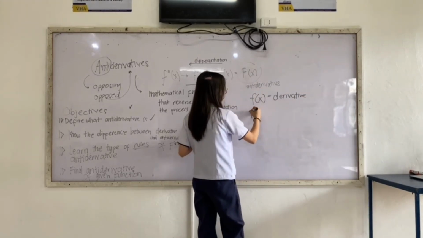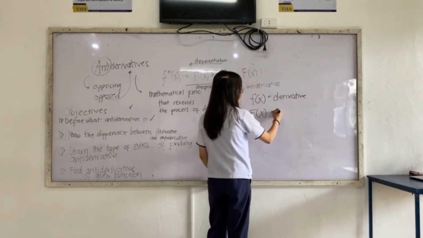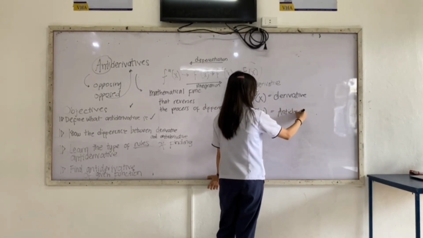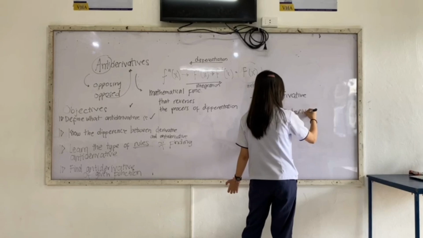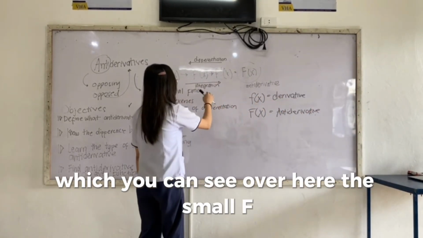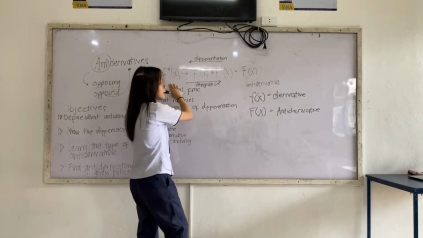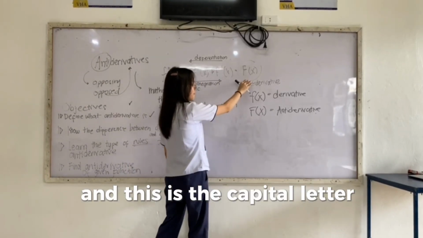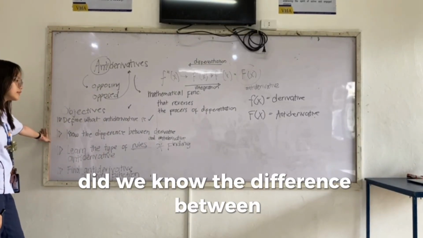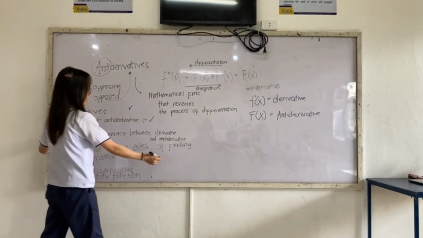Meanwhile, the capital F of x is antiderivative. You can see over here, this is small f, and this is the capital F.